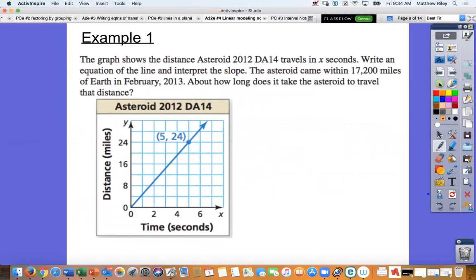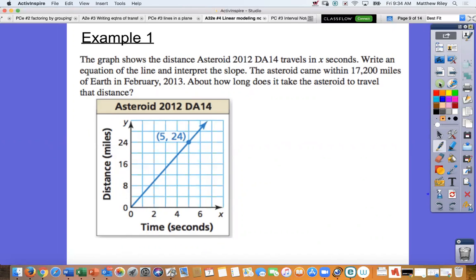Now, this example almost seems too easy, so I almost didn't even put it up here. But remember, we struggle most on the ones that seem the easiest. So you've got a lot of information. And again, on your notes, don't even worry about writing all these words down.